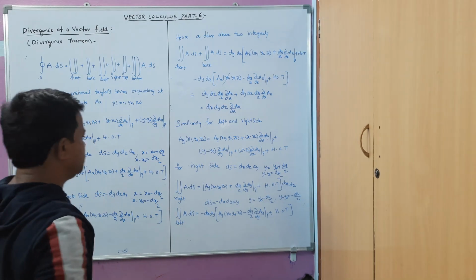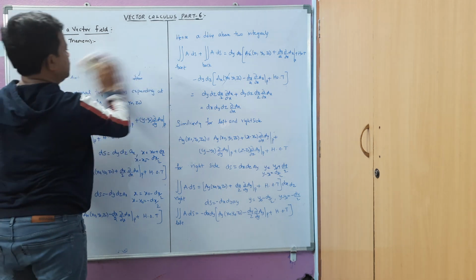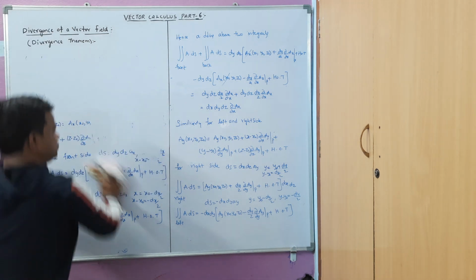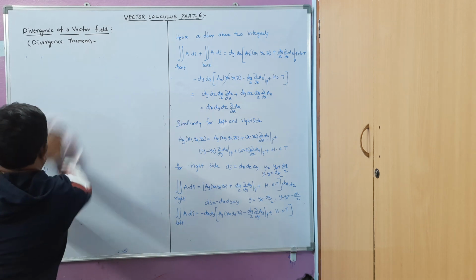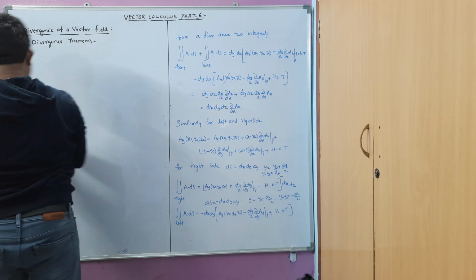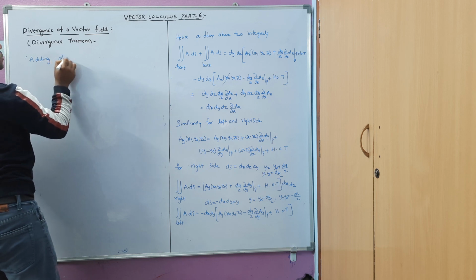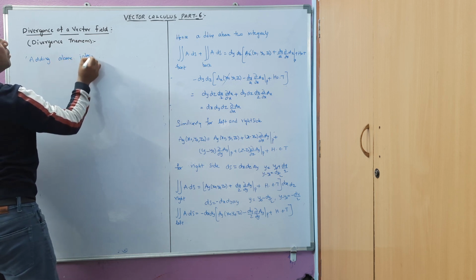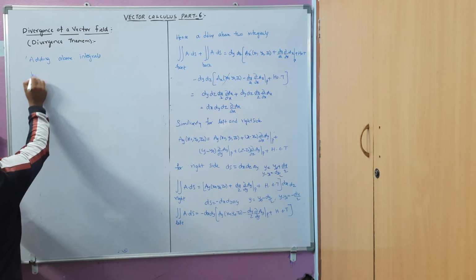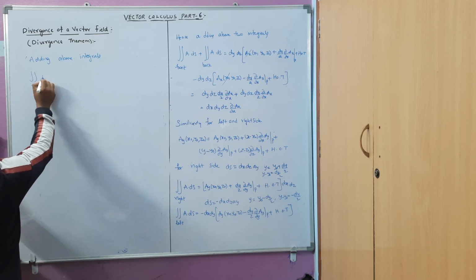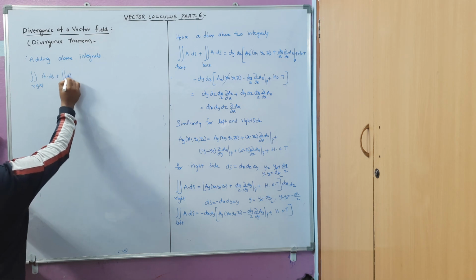Now I am going to add these two. What I get, let us see. If we add these two, that is left side and right side, adding the above integrals, this integral will give me right a dot ds plus left a dot ds.